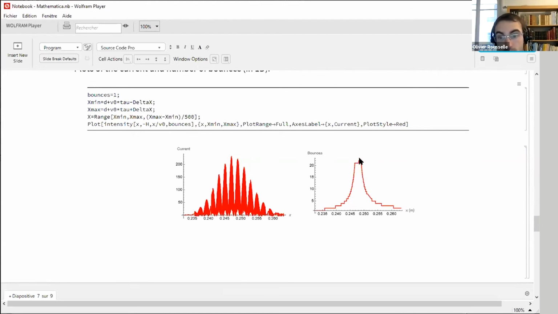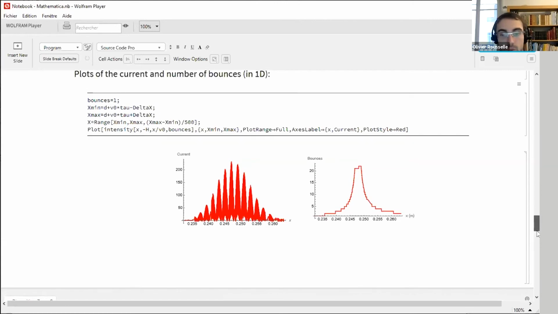And you can see that the maximum of the bounces corresponds nearly to the maximum of the interference figure of the current here. And for high values of x or for low values of x, we don't have any bounces, and this corresponds to the fact that in the interference figure, the current is nearly null, 0.